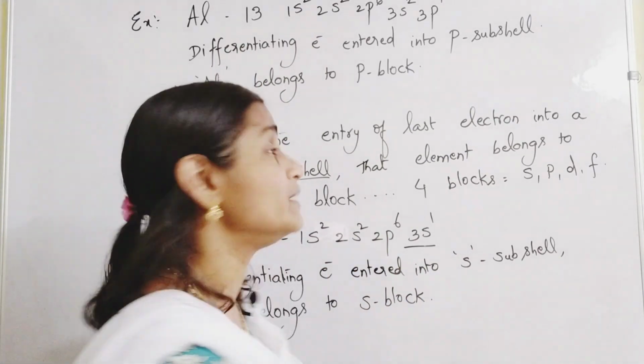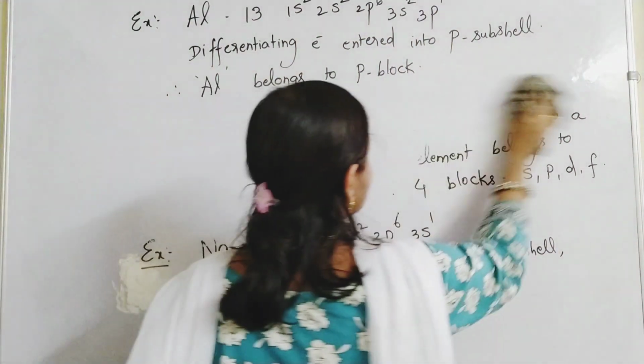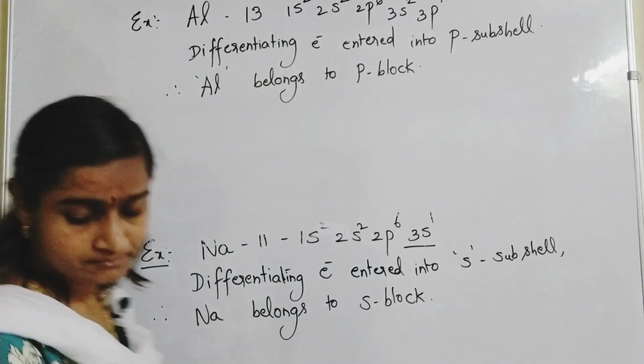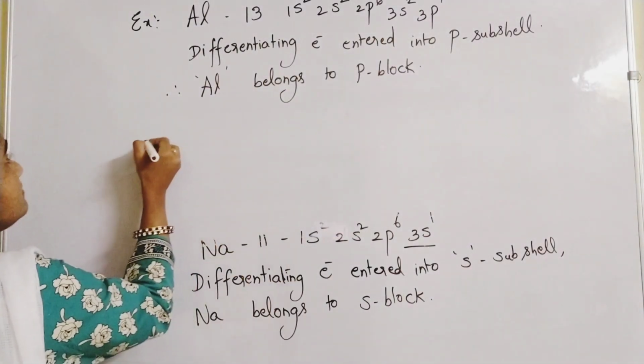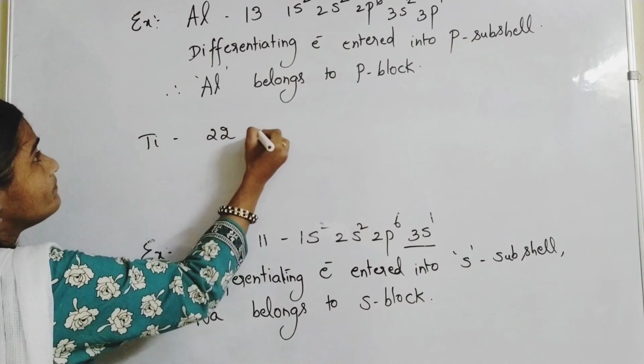Let us take one more example: titanium. Titanium's atomic number is 22.